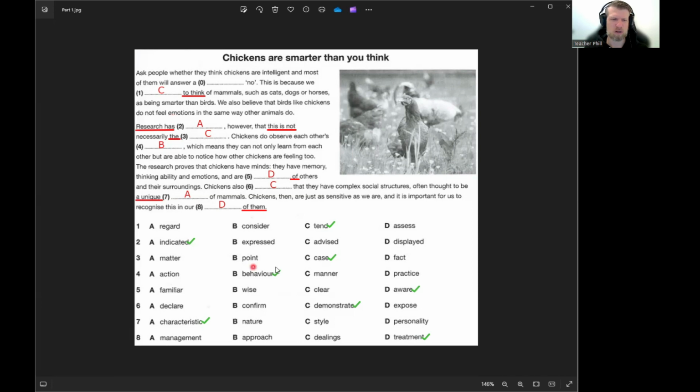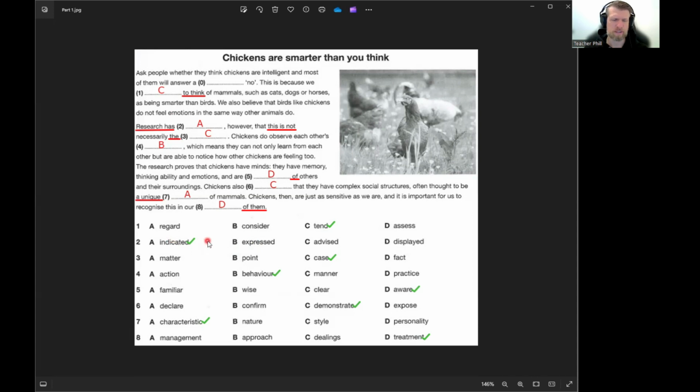I wouldn't be aware of these expressions, maybe research expresses or study expresses, perhaps, but I think indicated here is just the best word. It's something that I would say in connection with research.